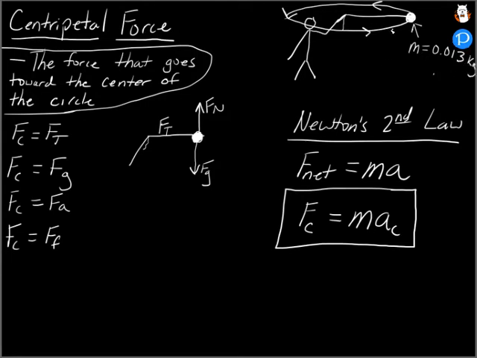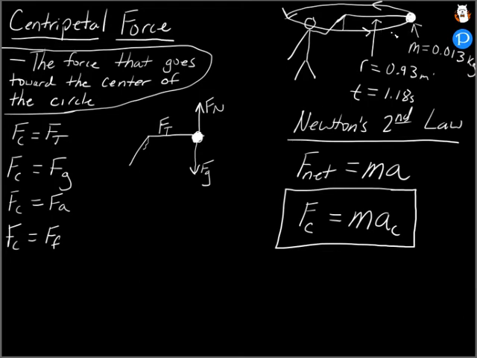And let's say I knew the length of this string, which we're just going to call the radius of this circle, is 0.93 meters. And let's say I know the time it takes. I time this, and the time for this yo-yo to move one time around that circle is 1.18 seconds. So that's the information I know.